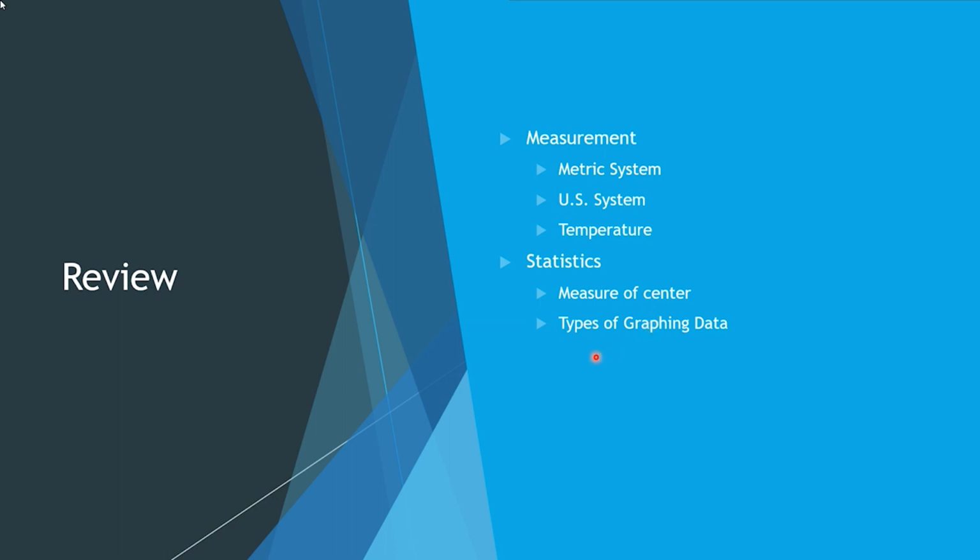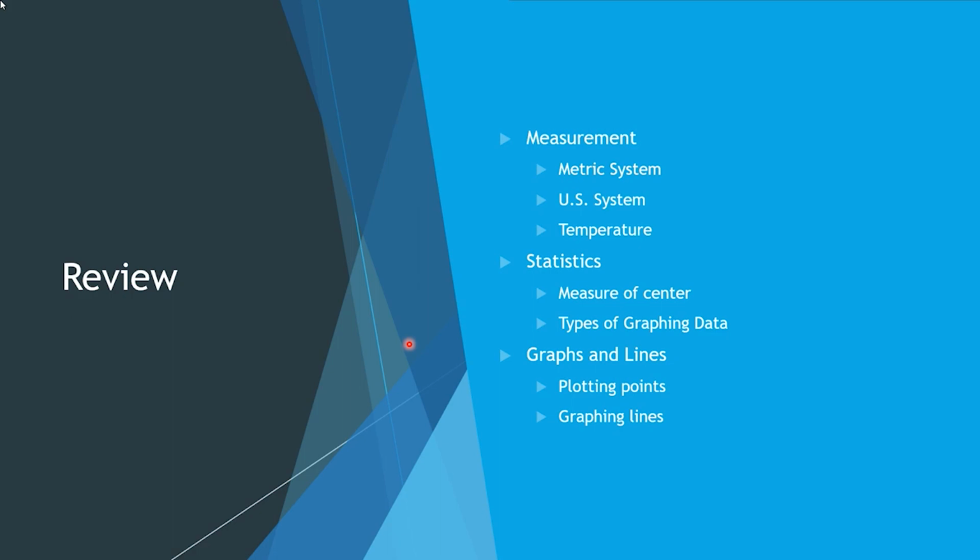Then we looked at different types of graphs. We looked at tables. We looked at line graphs, bar graphs, and we looked at also pictographs and pie chart or circle graph. Then we looked at the basics of graphs and lines, and we looked at plotting points and graphing lines. And with plotting points, you have an x-coordinate and y-coordinate.